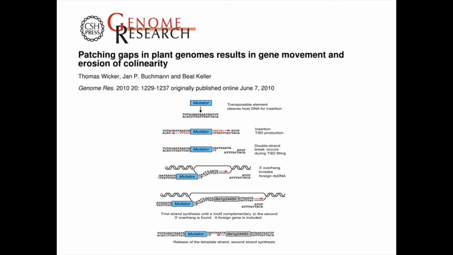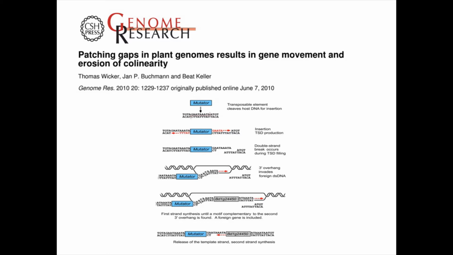And so this also has a secondary impact when these transposable elements move in the genome. This was postulated by Thomas Wicker, where they looked at where genes had moved in a comparison between rice and sorghum. And they found it was very common that these genes had moved proximal to transposable elements.